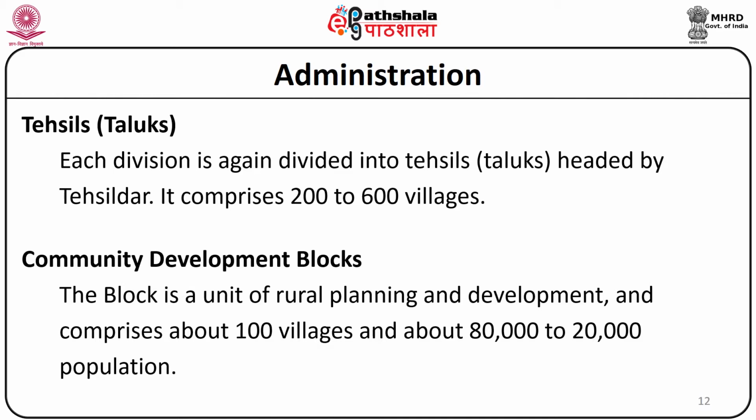When we say 200 to 600 villages, it means that tehsils are definitely bigger than the community development blocks, since they have only up to 100 villages. So maybe each tehsil will have nearly 200, depending on the number of villages it has. It will vary, but maybe 2 to 6 community health centers will fall into each tehsil.